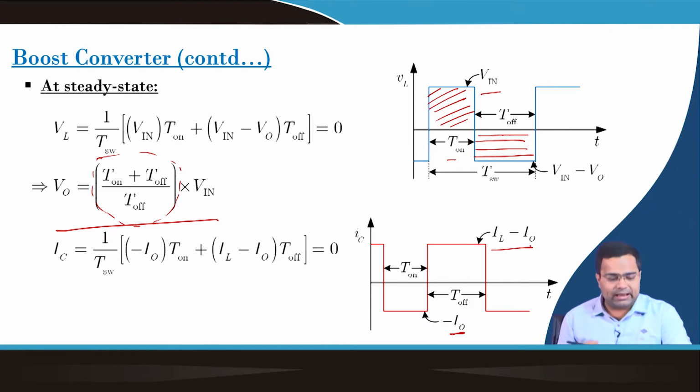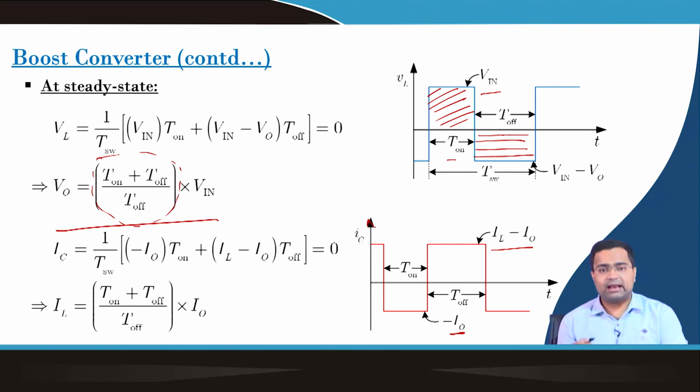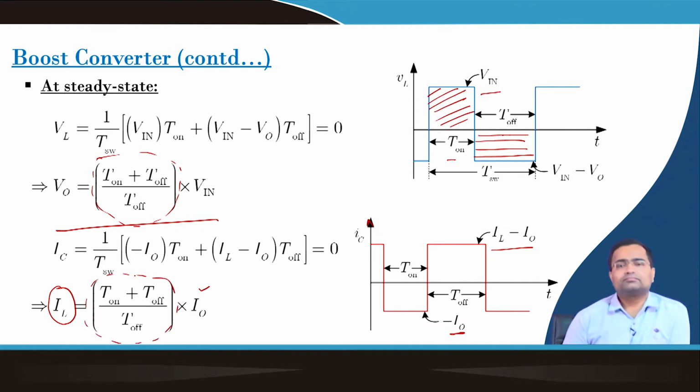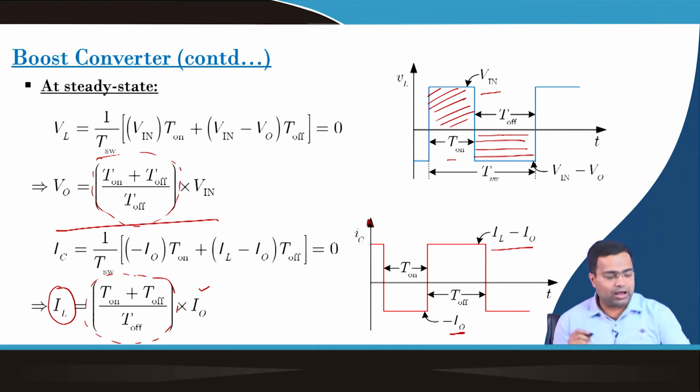Now, we can again write down the average capacitor current over a cycle, and that can be written simply from this waveform, and if we set it to 0 because we want the average capacitor current to be 0, then we get the average inductor current is equal to the average load current multiplied by this timing constant.